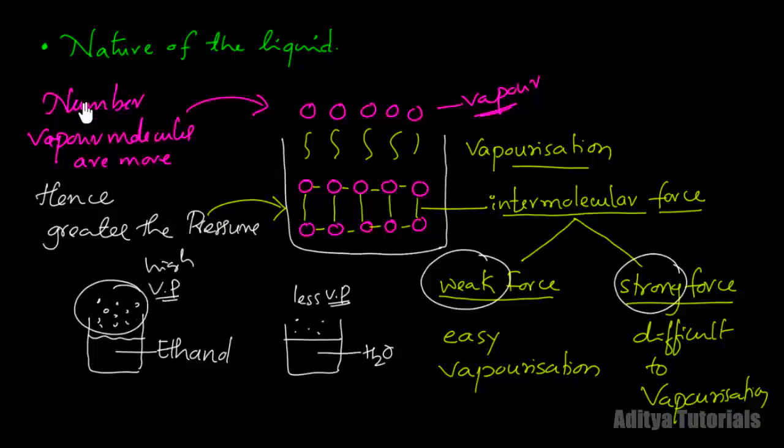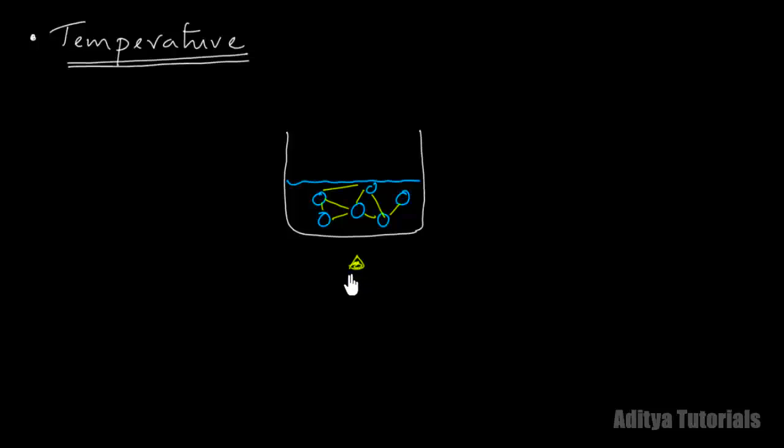Let's see the temperature. When we take a certain container and this container is filled with water, these water molecules have a strong intermolecular force of attraction between them. Or you can say any liquid. So these molecules are interconnected, and when you start heating it, you will find that these molecules gain kinetic energy.